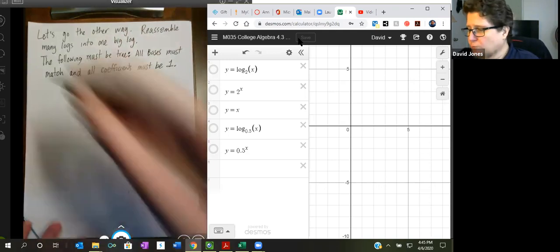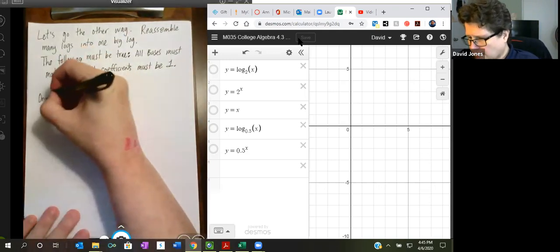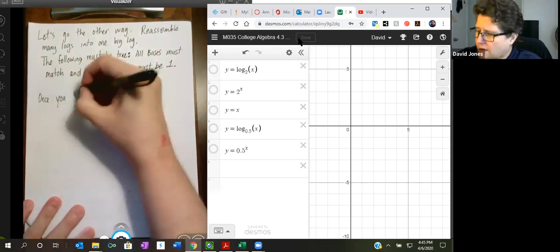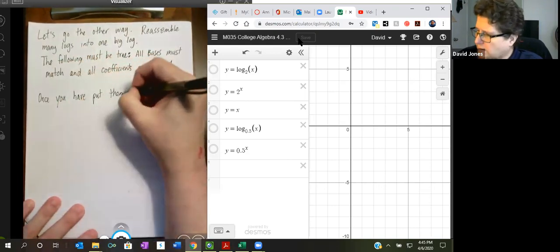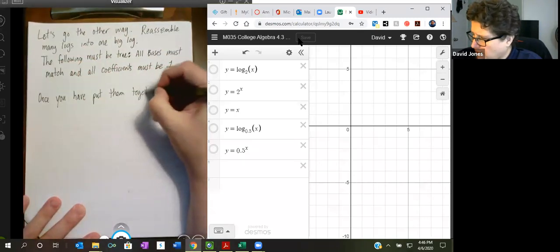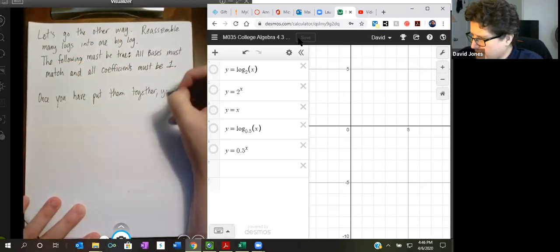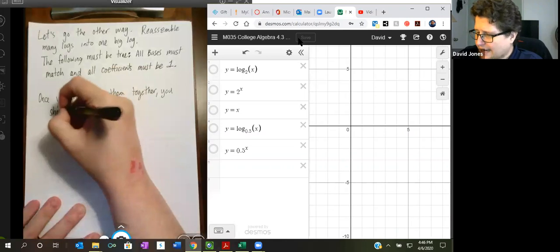And then once you put them together, you should simplify inside if you can.